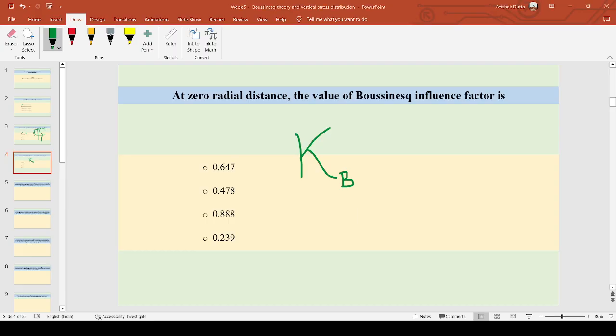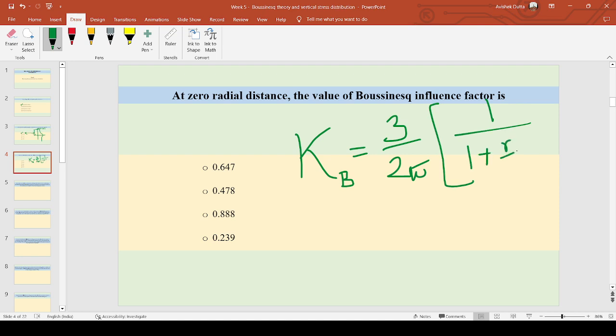So the formula for Boussinesq's influence factor is 3 by 2 pi, times 1 divided by the quantity 1 plus r by z, whole squared, to the power 5 by 2.